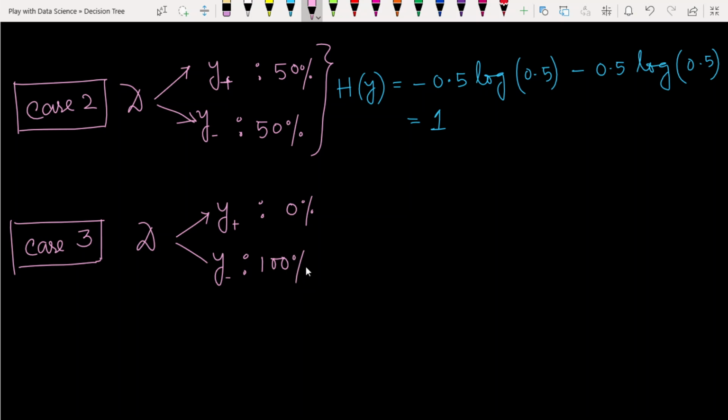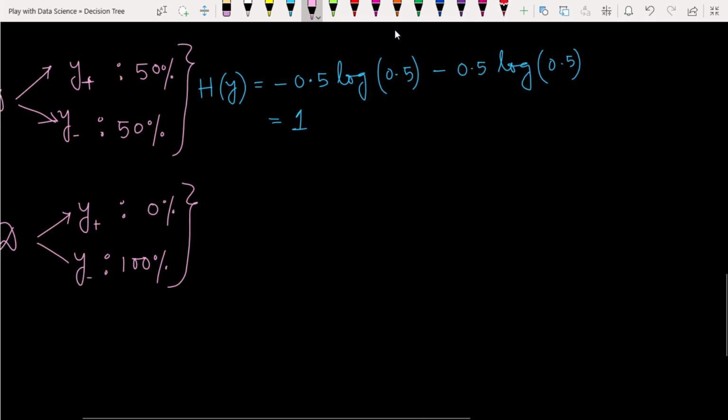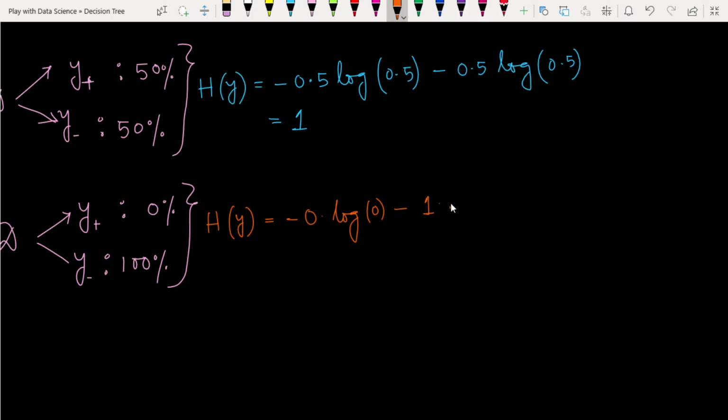In such a situation, what will be the entropy value? First calculate the value, then we will compare it side by side. So this value will be minus 0 into log of 0, minus 1 into log of 1. In both cases, 0 multiplied by the log is 0, and 1 multiplied by log of 1 is 0, so in both cases it will be 0.